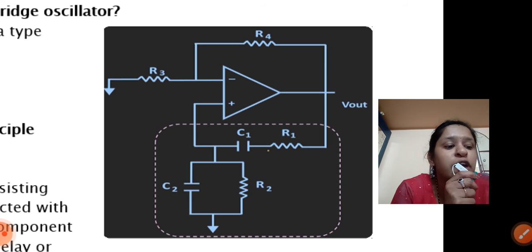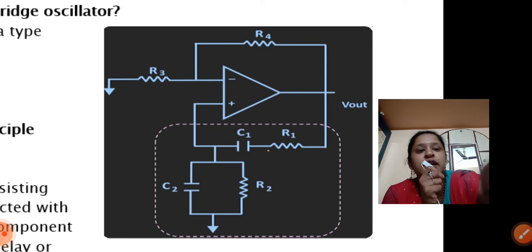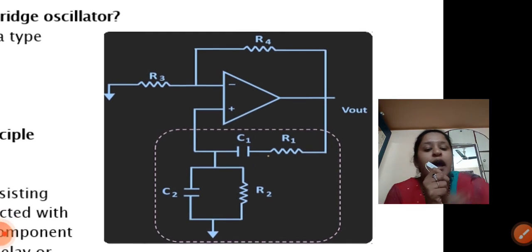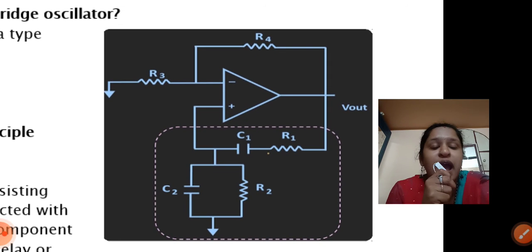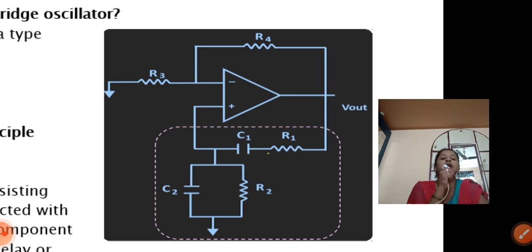In the remaining two arms are the bridge resistors R1 and R2. R3 and R4 are the bridge resistors here.